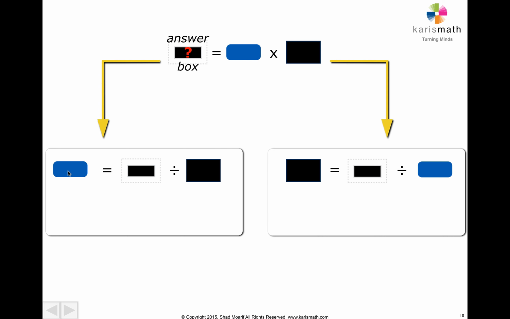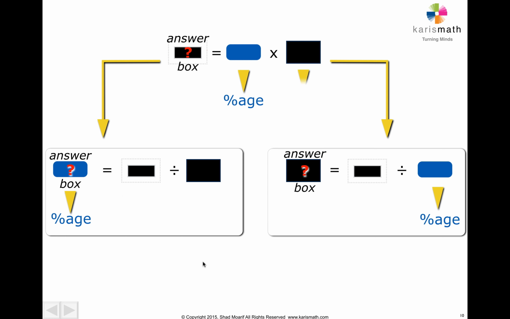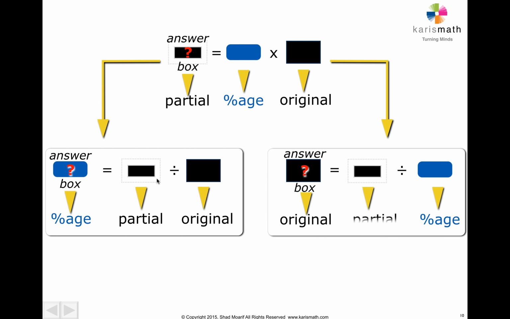Here, the answer box is the percentage. Here, the answer box is the original amount. So now you can see what they all stand for. This is percentage, this is percentage, this is percentage. And all the other bits are known. The original is here. That's the original. That's the original. And the partial amounts are this, this, and this.